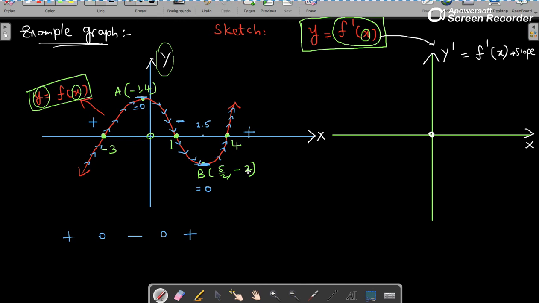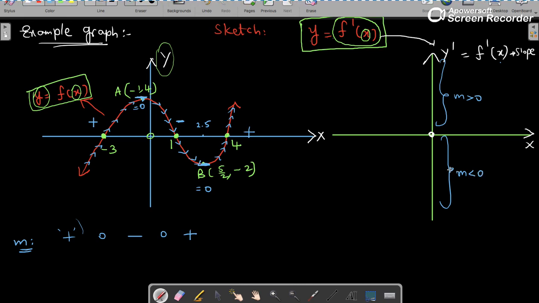So let us see how this connects to the graph. Now I'm talking about the slope. Initially, the graph until -4 has the slope positive. For positive slope, the graph is above the x-axis, because f dash x is positive on the top above the x-axis, and slope is negative at points below the x-axis.